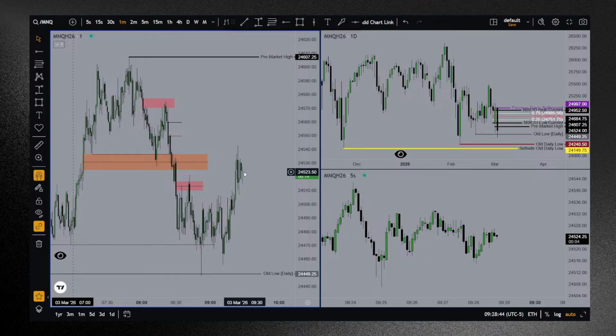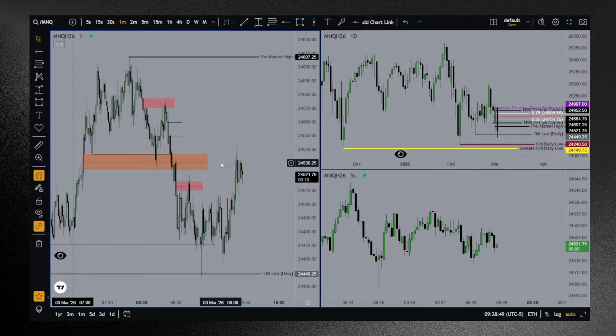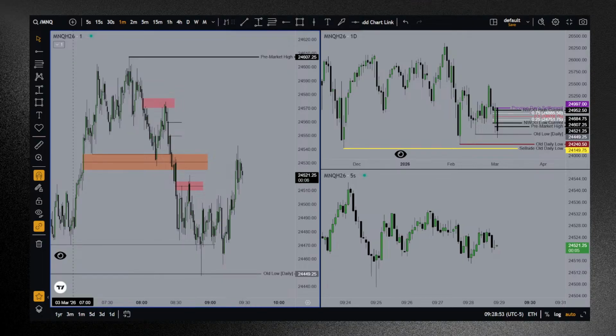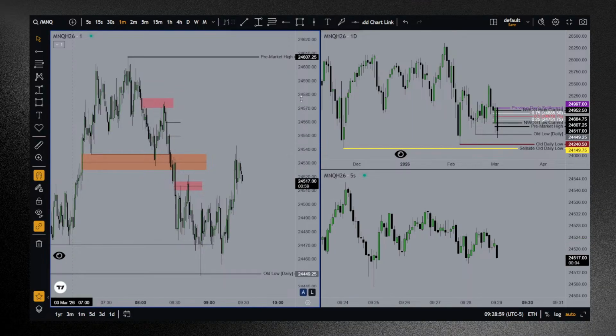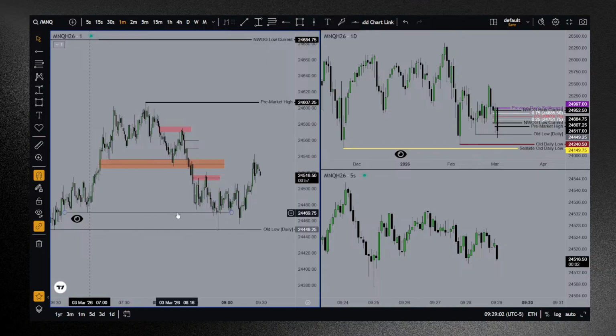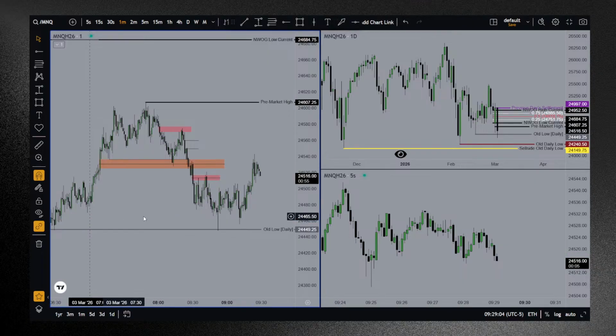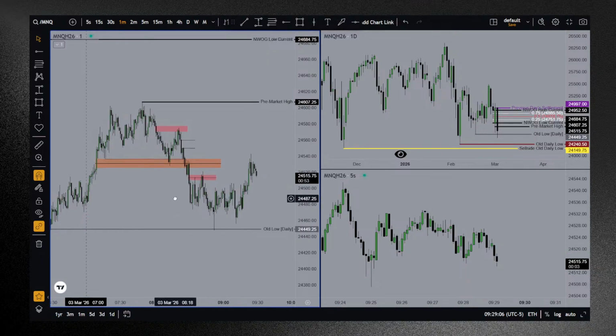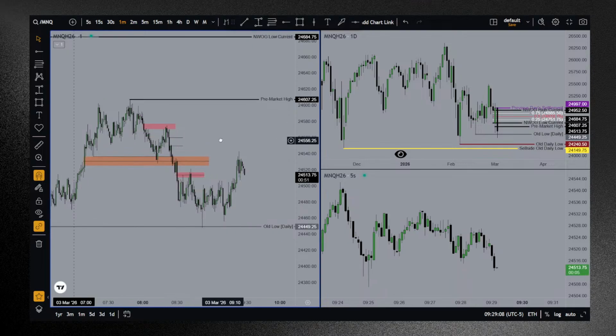So again, we are going to witness an enormous discount opening range gap in a second. Let's clear this out. Okay.